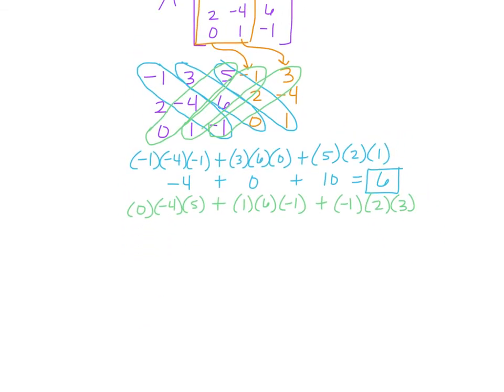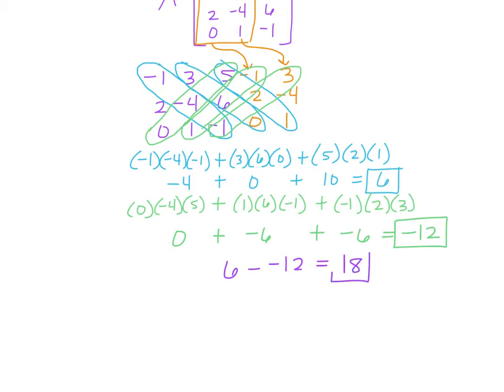Okay, so we take that, and now we simplify this one. This is 0 plus a -6 plus a -6. So that gets us a -12. Okay, and if you remember before, what we did with this is we just subtracted. So the first set of diagonals minus the second set. So 6 minus a -12 is 18. Okay, so that's our determinant. Our determinant is 18. That's if you find it by hand.